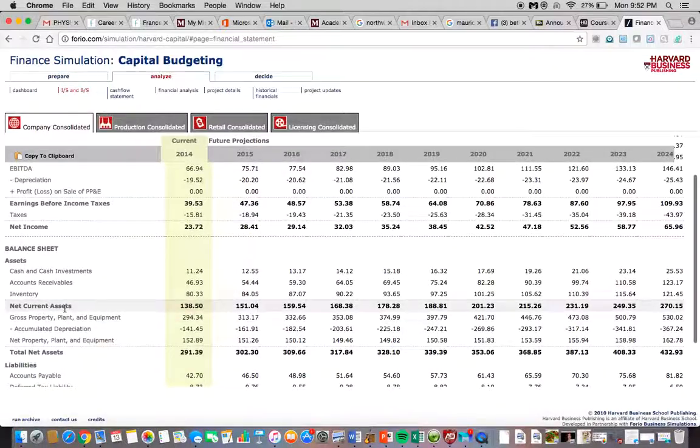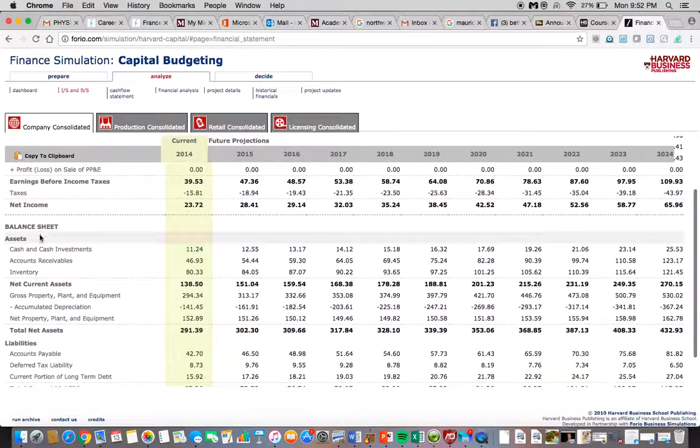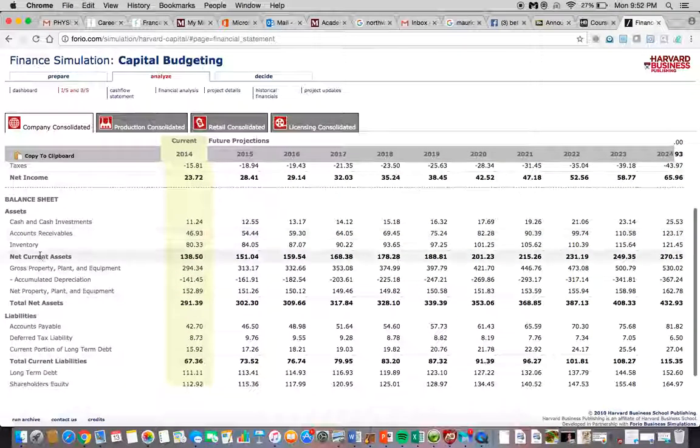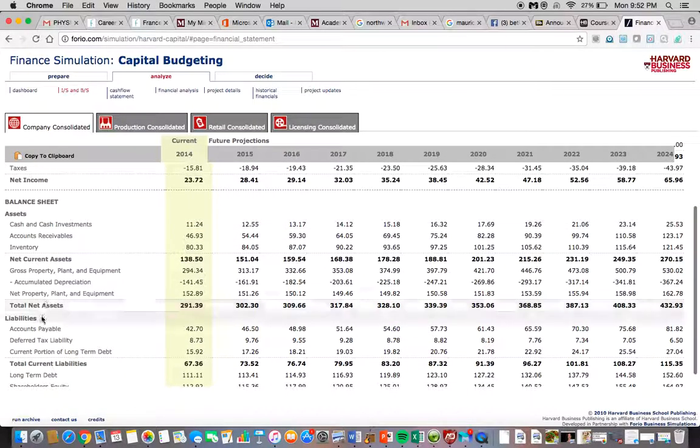Looking at the balance sheet here, starting up here with assets, you can see that there is an asset section and there's a liability section. Looking at the assets, you can see that there are two totals of net current assets and total net assets. Both of these numbers increase as the time goes on, meaning that the company is possessing a lot more in its benefit.